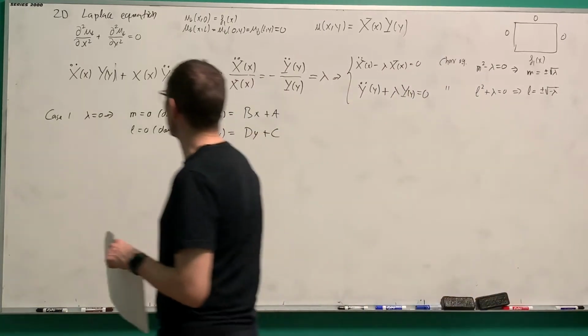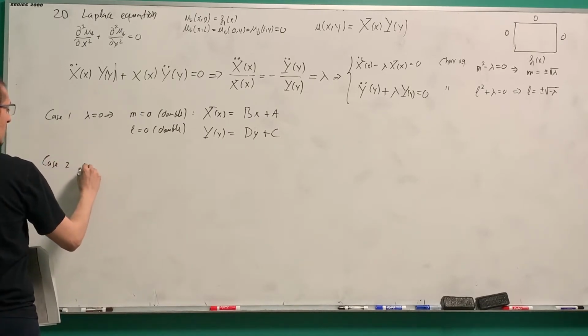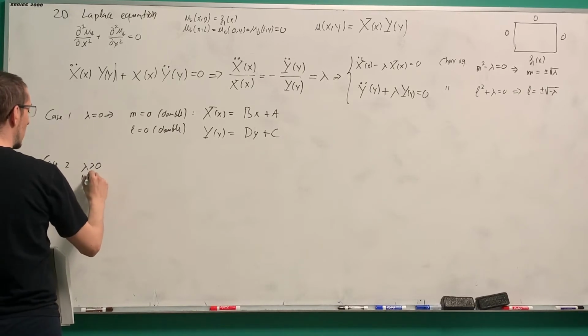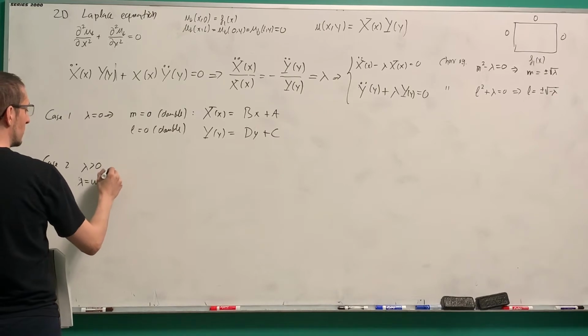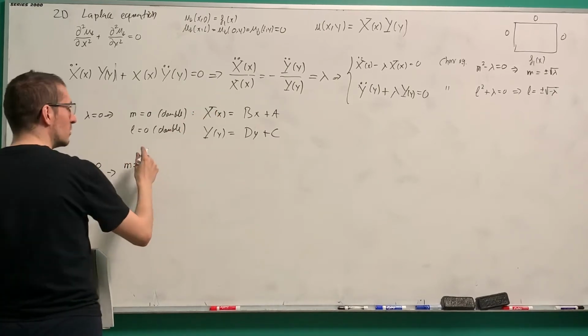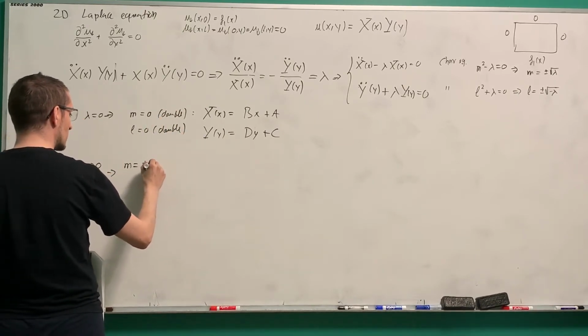Let's see what case 2 is. Case 2 is lambda is larger than 0. And in this case, let me call lambda omega squared, as before. In this case, we have m equal to plus minus the square root of lambda, which is omega, so it's plus minus omega.